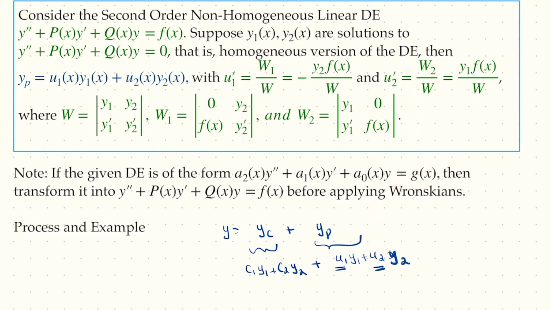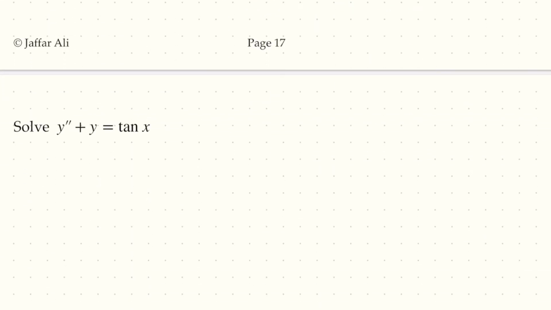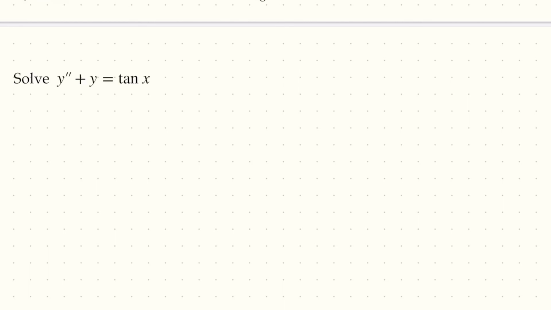And that's about it. I'm going to solve this problem in the next video. I'm going to show how to solve this particular differential equation, a second order linear differential equation where you cannot find the annihilator.